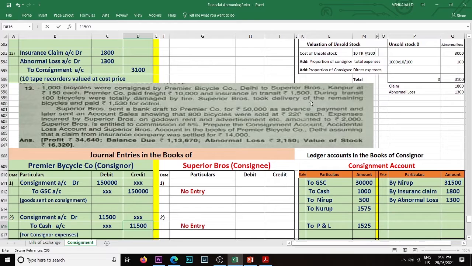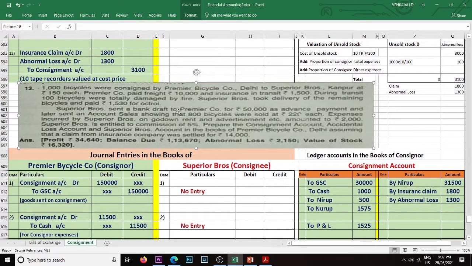Superior Brothers took delivery of the remaining bicycles and paid 1,530 for off-drive. Remaining are how many? 900. So they paid off-drive for 900 bicycles only. Remember this when we are calculating. And the 1,530 we will add to the consignee expenses.